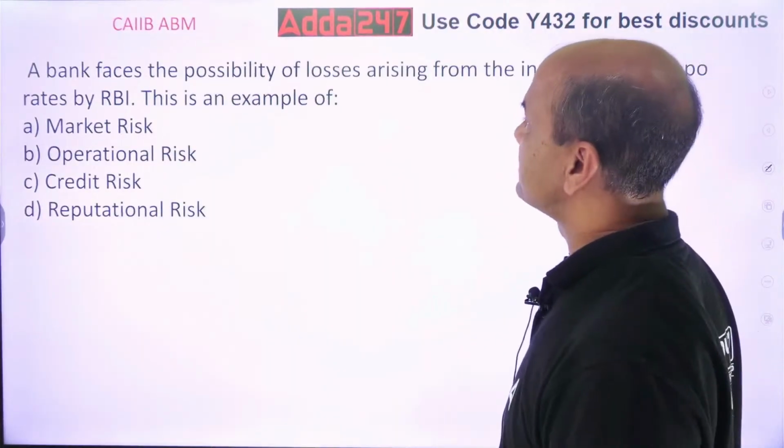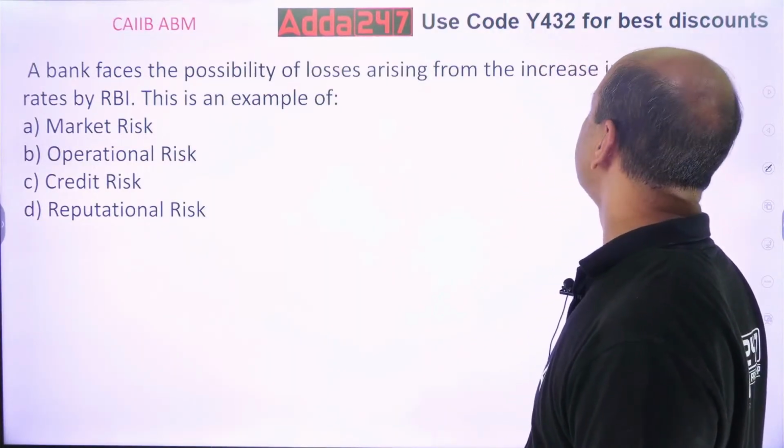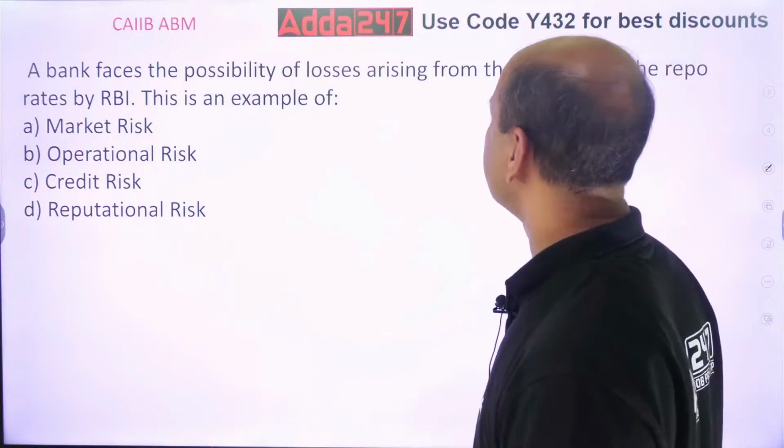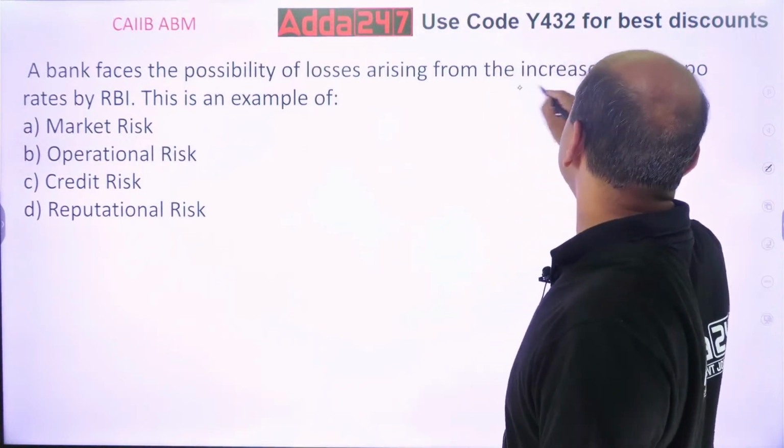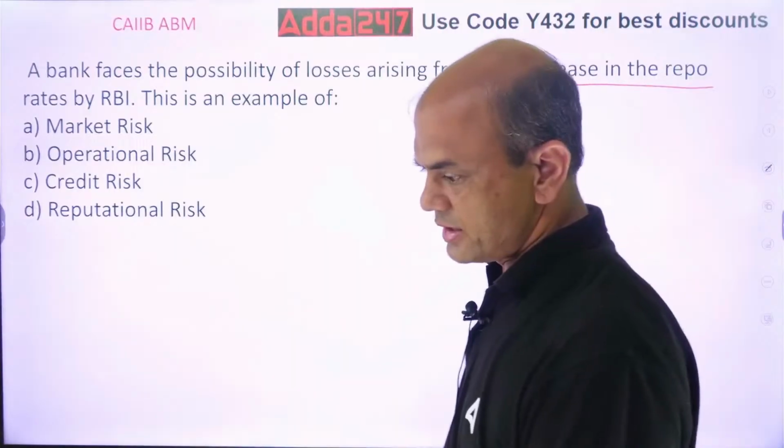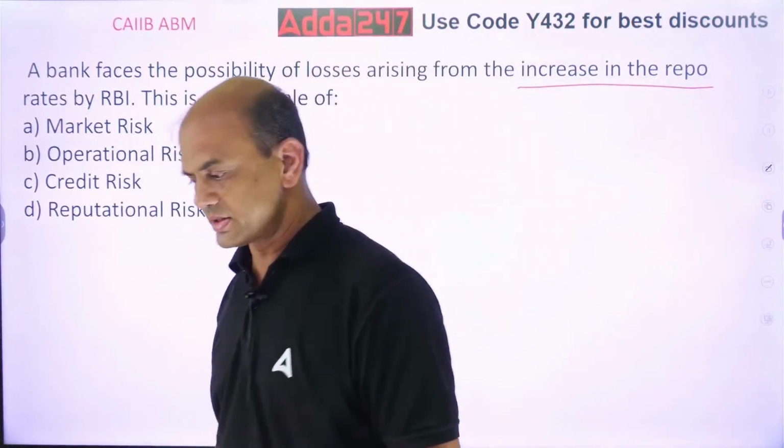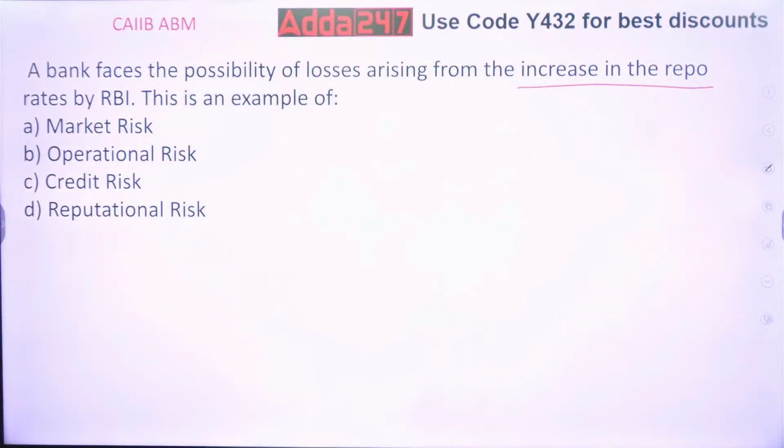A bank faces the possibility of losses arising from the increase in the repo rates by RBI. RBI increases the repo rates, and because of this, the bank might face losses in, let's say, its bond portfolio. Where will the bank face the loss if the repo rates increase?